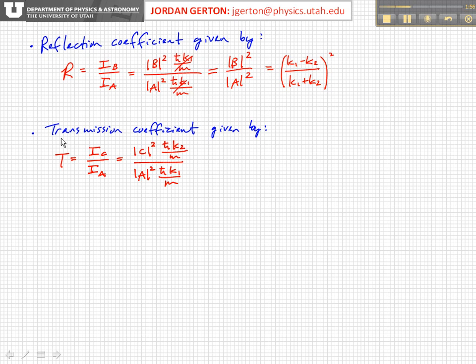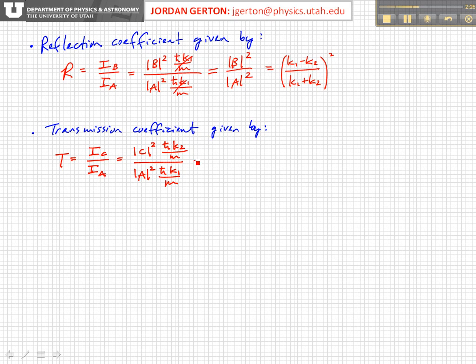And similarly we can define the transmission coefficient T, which is equal to the ratio of the intensity of the plane wave which is transmitted, characterized by the coefficient c, to the incident intensity. If we plug in the relationships again for the intensities, we get c squared h bar k2 over m, k2 because this is in the x greater than 0 region, and a squared h bar k1 divided by m.